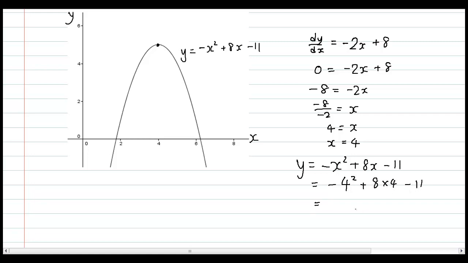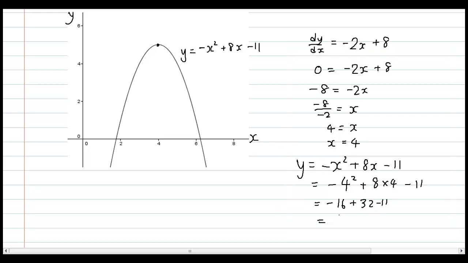Now, here is the tricky part. Make sure you square the number before you turn it into a negative, because exponents have to be done before the negative. So this is negative 16 plus 32 minus 11, which is 5.